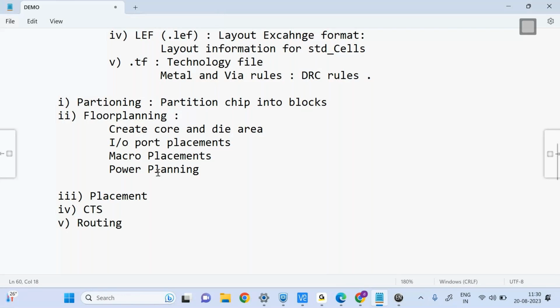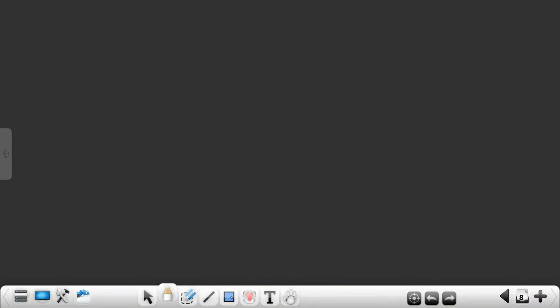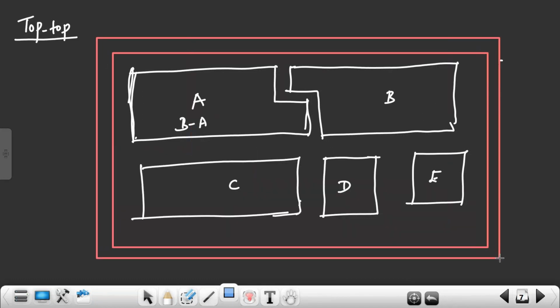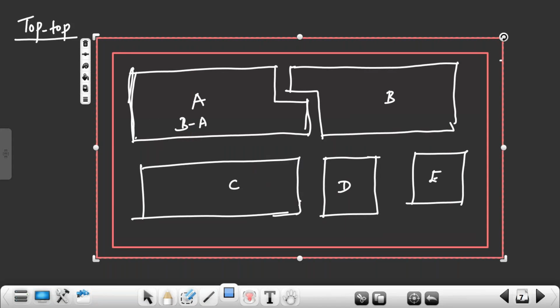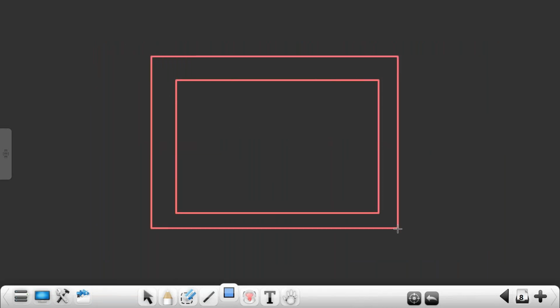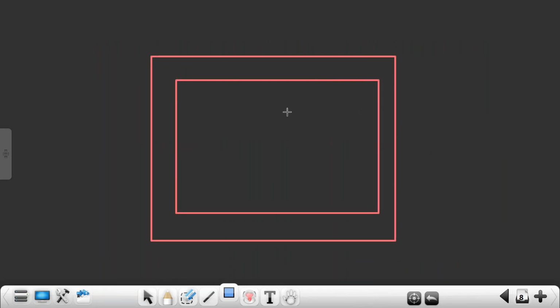What do you mean by creating the core area and die area? Creating the core area and die area is done at the full chip level and also for blocks. The chip top does it for the full chip, and we do it for our blocks. It means, for our block, create a core area like this and create a die area like this. Inside the core area, I am going to place all my standard cells, and outside the core area you have one more box, which is called the die area.